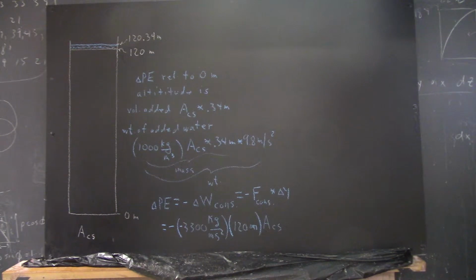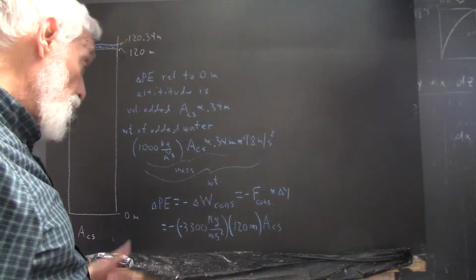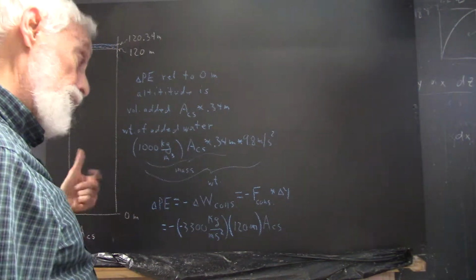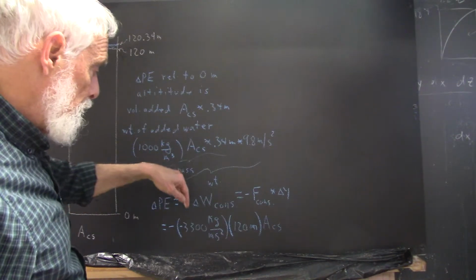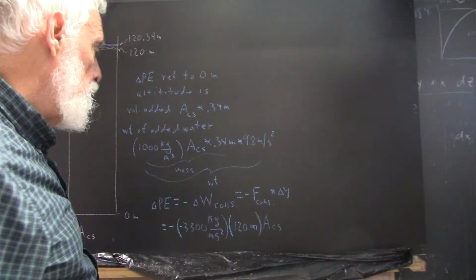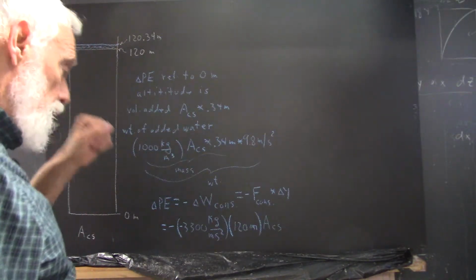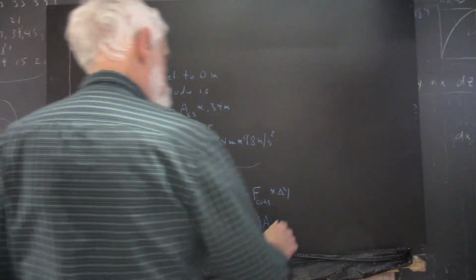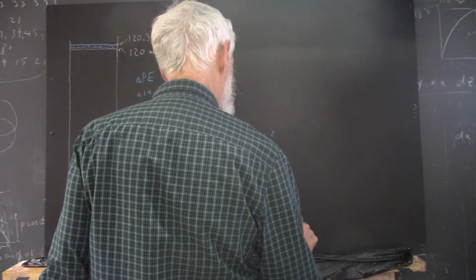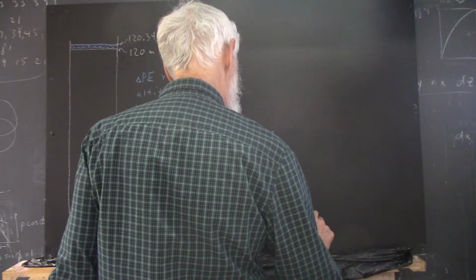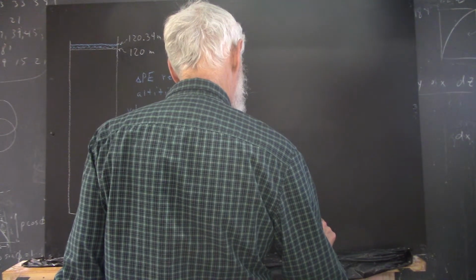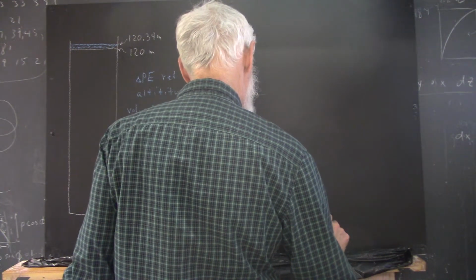Now, let's see, 120 times 3,000 is 360,000, and 120 times 300 is 36,000. So I think we end up with 396,000. I think that's it.